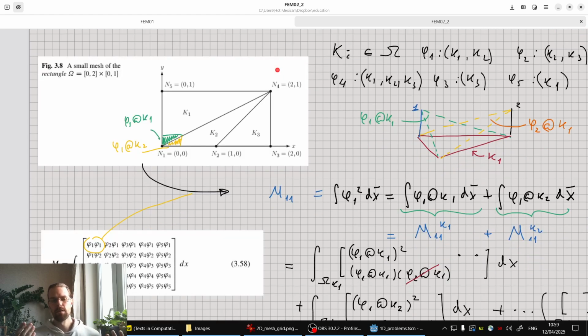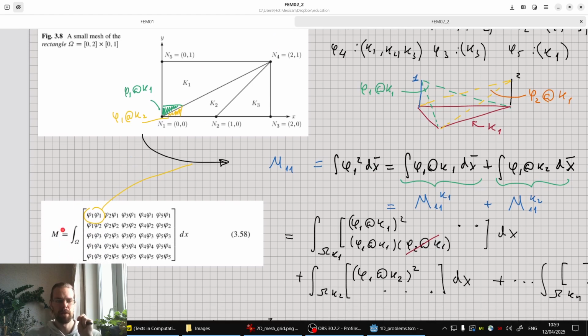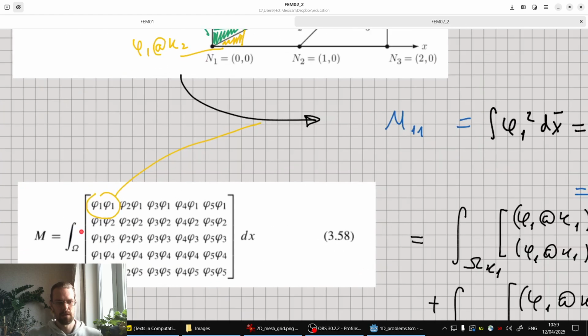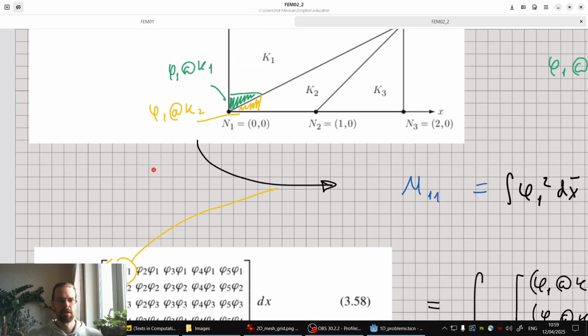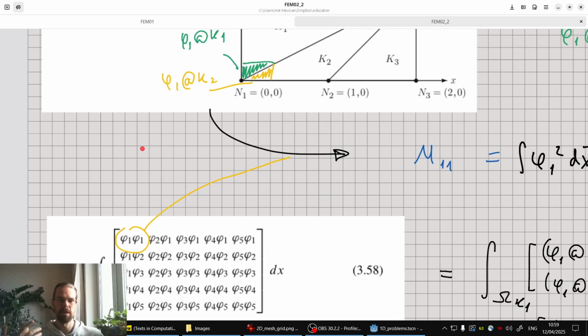So in the book, they show this particular example of domain triangulation, so splitting into triangles. And again, this matrix will include some kind of hat function on node 1, multiplied by itself and integrated. This will be this I11 coefficient.